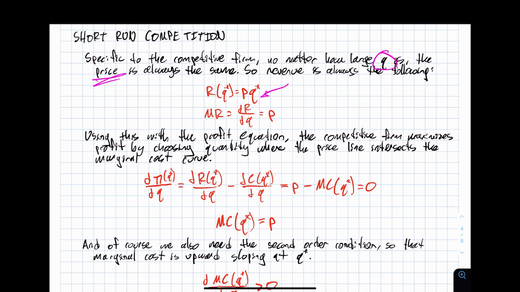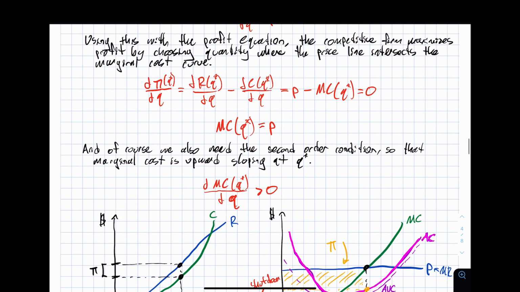And when we take the derivative of revenue with respect to quantity, that just gives us the price. When we use this with the profit equation, we get the following. So we know what the derivative of the revenue function with respect to Q is in the perfectly competitive market, which is price.